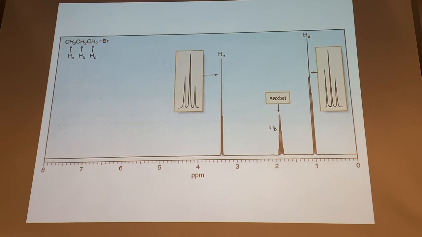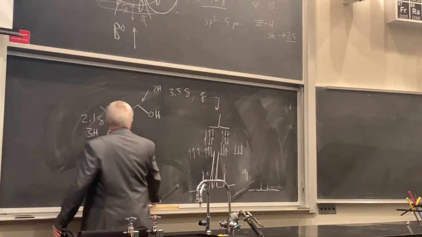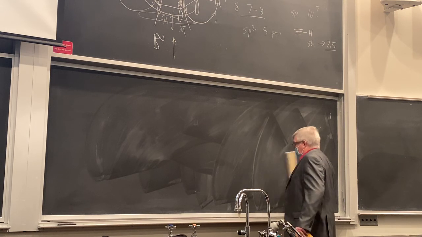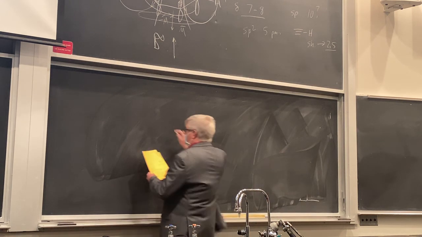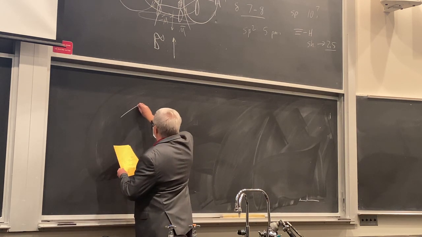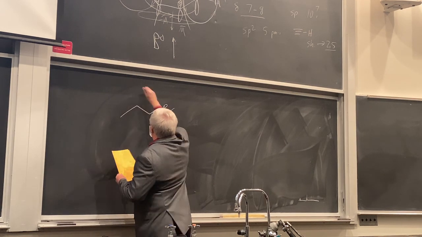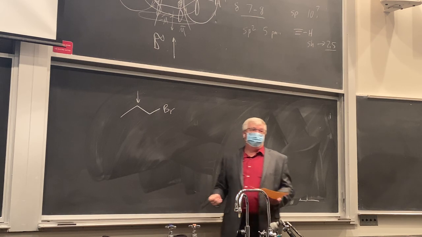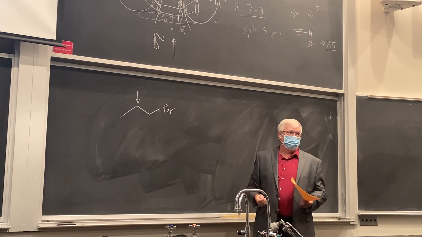We'll need to go to the board and analyze this a little bit, and let's look at this. So we've got this propyl bromide. Let's analyze this, and we'll just look at the middle carbon there. It's showing up as a hextet right now, okay, a 6-line pattern with the 5 neighbors.